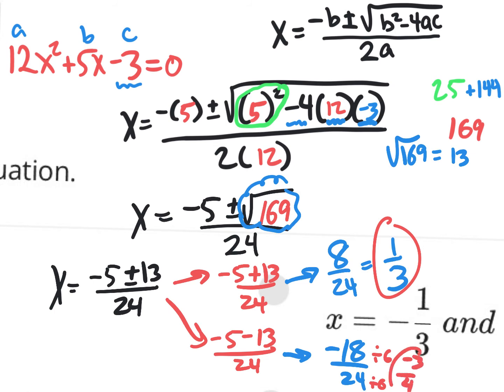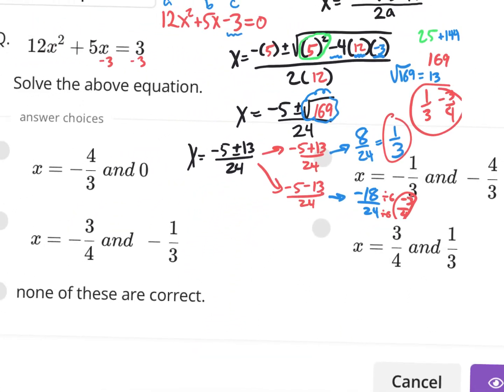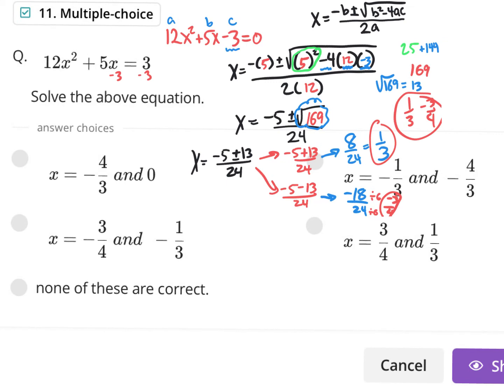So your 2 answers are 1/3 and -3/4. And looking at the choices, there is no positive 1/3 and -3/4, so it must be none of these are correct.